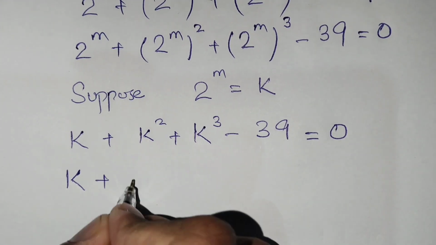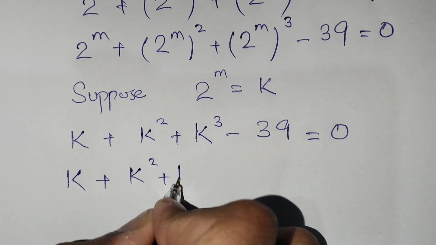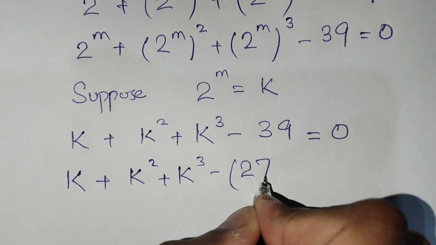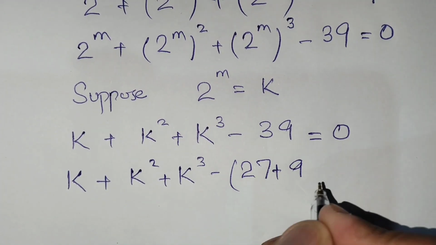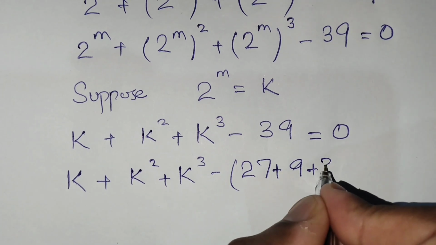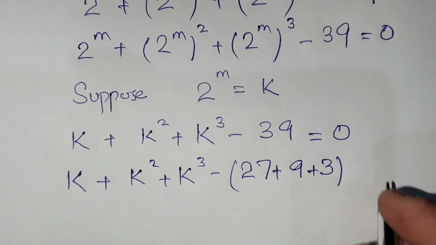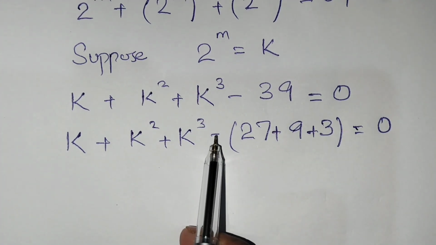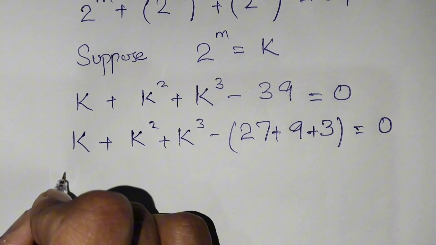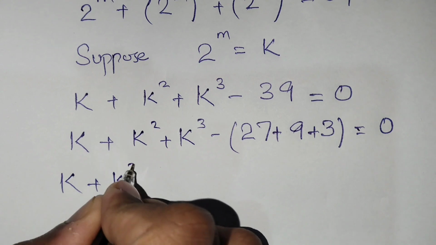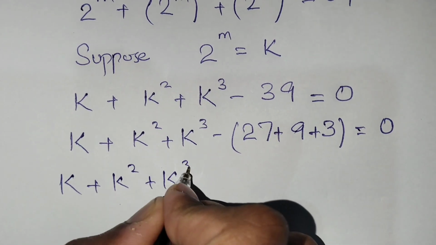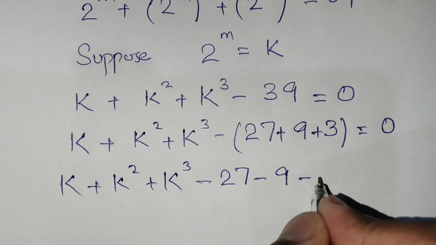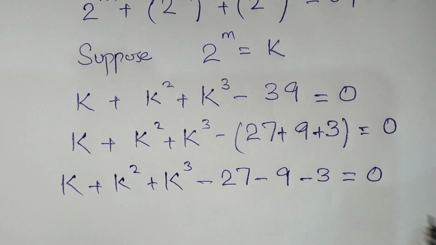Then k plus k square plus k cube minus 39 can be written as minus (27 plus 9 plus 3) is equal to 0. We will multiply the negative sign inside the bracket: k plus k square plus k cube minus 27 minus 9 minus 3 is equal to 0.